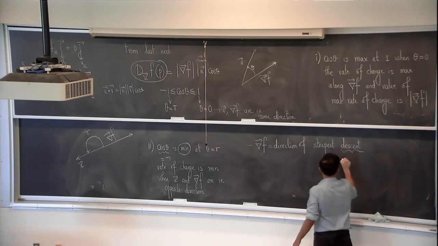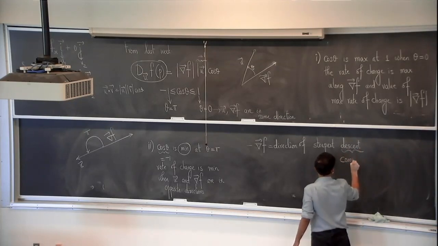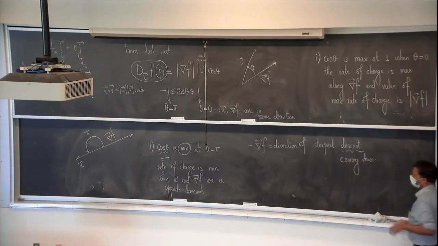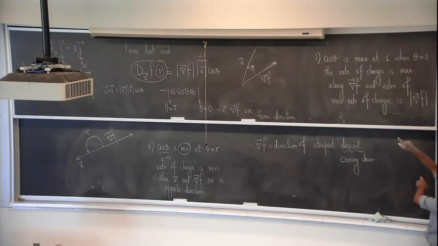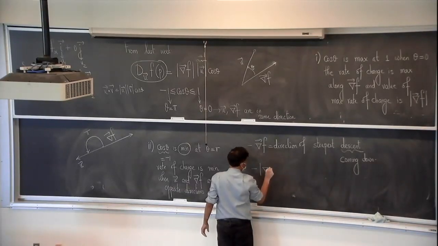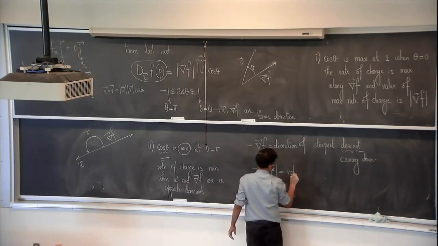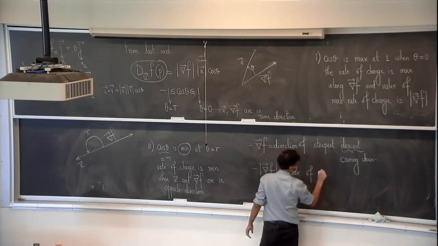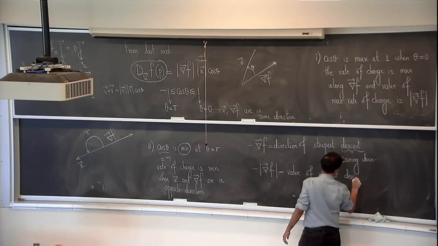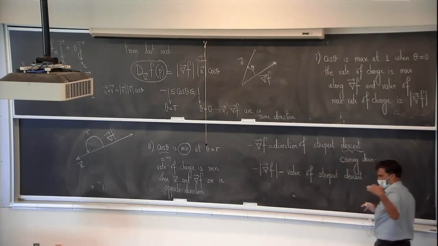Descent means you're coming down. The only difference between 1 and 2 is that one is along the gradient vector, this is opposite to the gradient vector, same gradient vector. And the negative of the magnitude of this gives you the value of the steepest descent, so coming down the fastest.